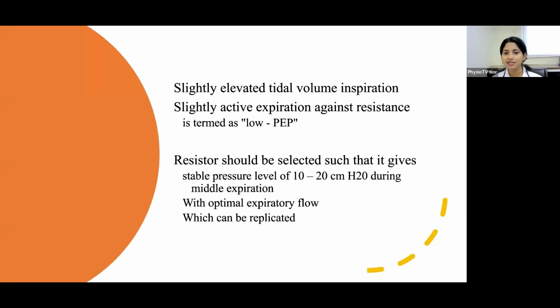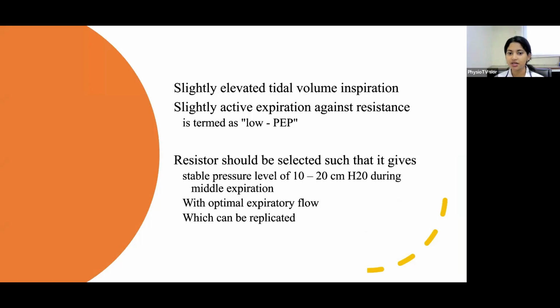In this therapy, there is a slightly elevated tidal volume inspiration. The patient inspires a slightly higher volume of breathing during inspiration, and during expiration, the subject applies a slightly active expiration. This is what is termed low PEP therapy.